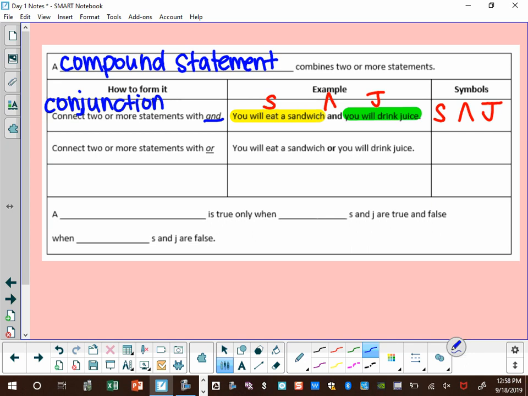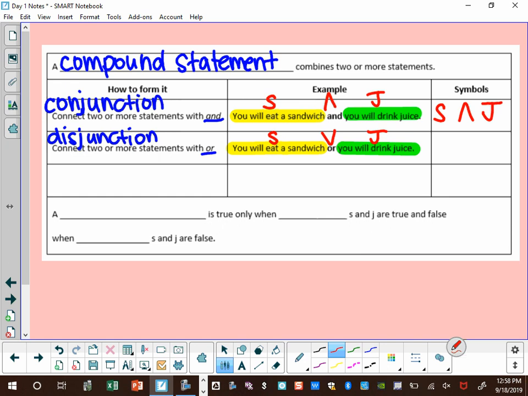The second one is a disjunction, which means we're using the word or to connect 2 or more statements. So once again, my first statement is you will eat a sandwich, we're calling that S. So if this is S, or you will drink juice, my symbol looks like a V. Basically, it's the complete opposite of the and.